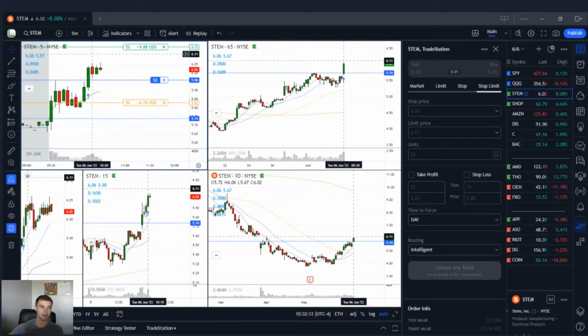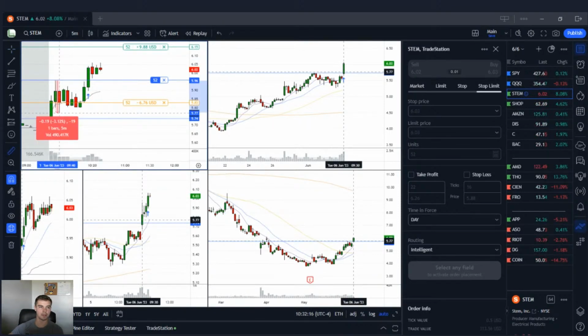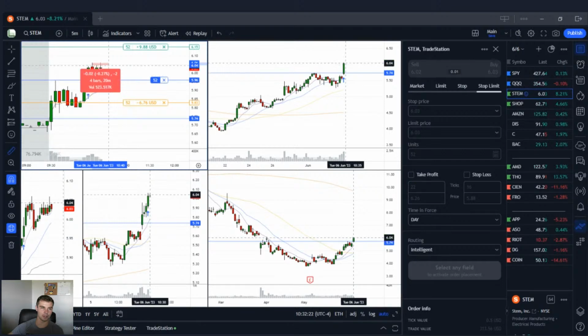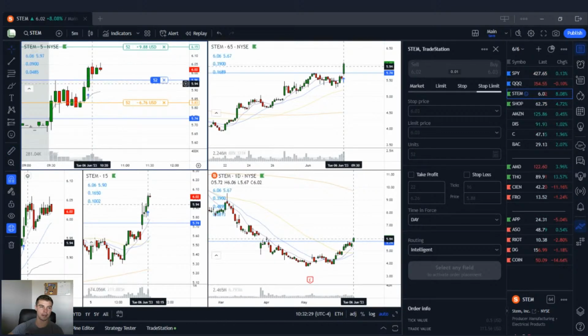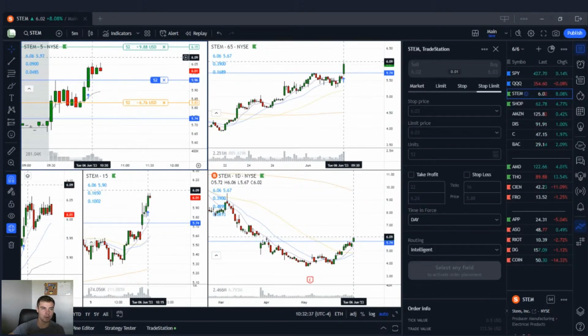Guys, I'm thinking about adding and reducing to this actually. 19-cent stop is my original. Could add, probably give a 12-cent stop loss. How far away is my target? 9 cents. So we'll probably give it a 9-cent stop loss, honestly. 6.06. Average price would be right about here. How many shares would I add?